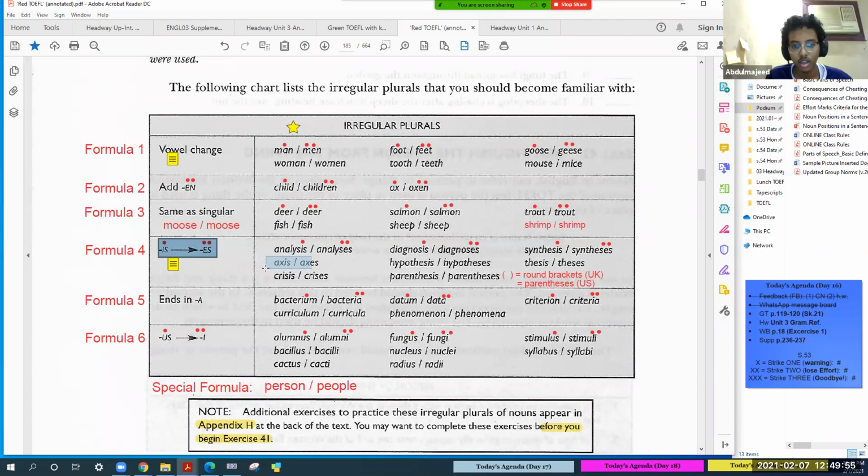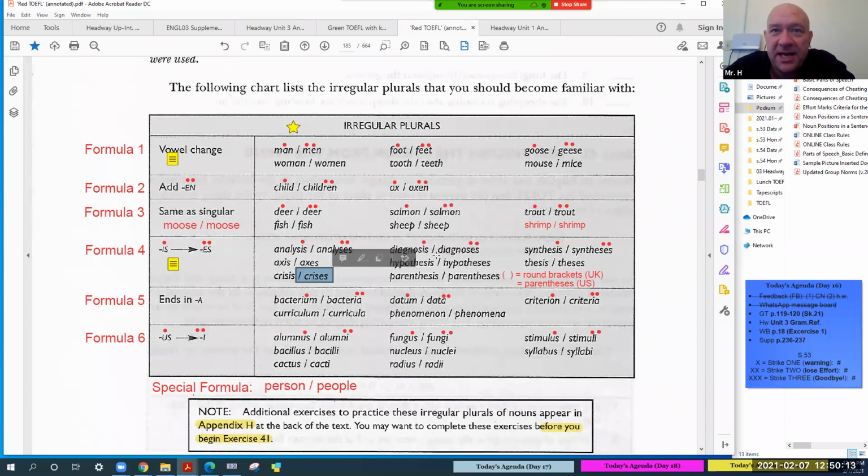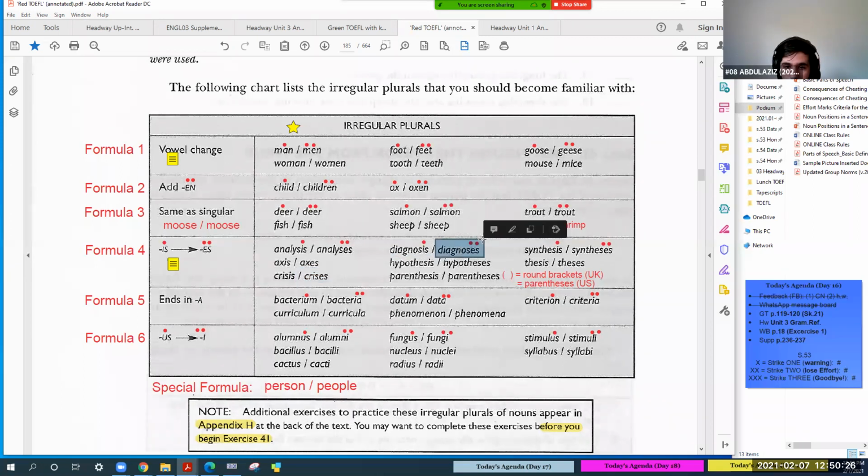Axis, axes. Good. Mohana, try the next one. Crisis. Crises. Excellent. Abdulaziz, next one. Diagnosis, diagnoses.